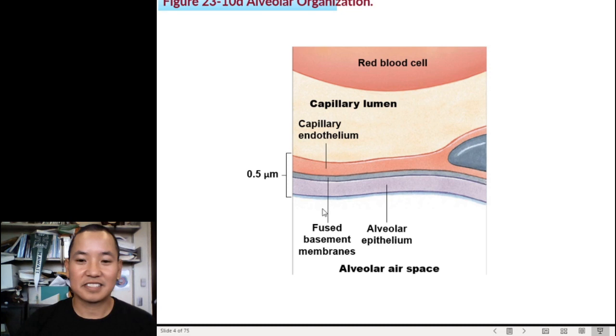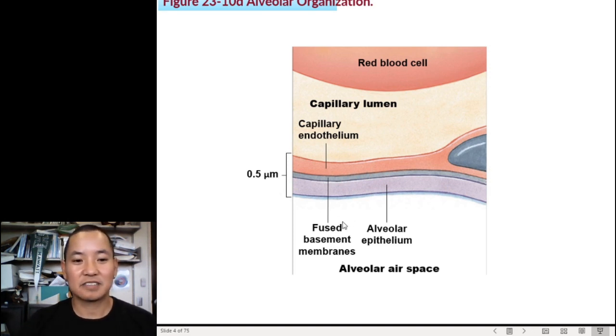And again, remember this interface between your blood and the alveolar airspace. So you have these two thin membranes right here. You have the endothelium of the capillaries, these are the cells that line your blood vessels, and also the cells that line the alveoli. You do also have this thin fused basement membrane, but again, this is very thin. Why?